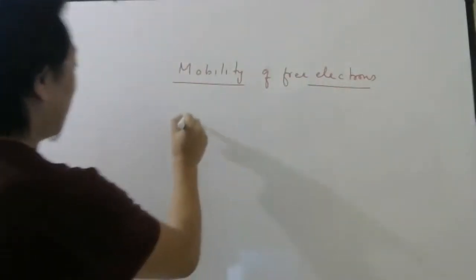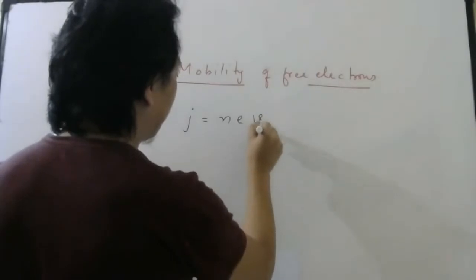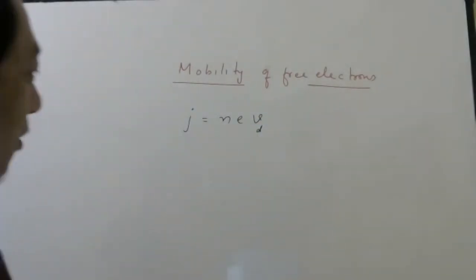J equals to NeVd. Be careful, Vd is not V into D. Vd is V suffix D. So the formula we derived was J equals to NeVd. So this is the Janevi formula.